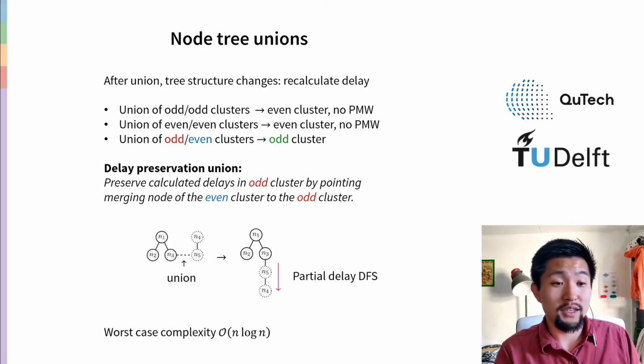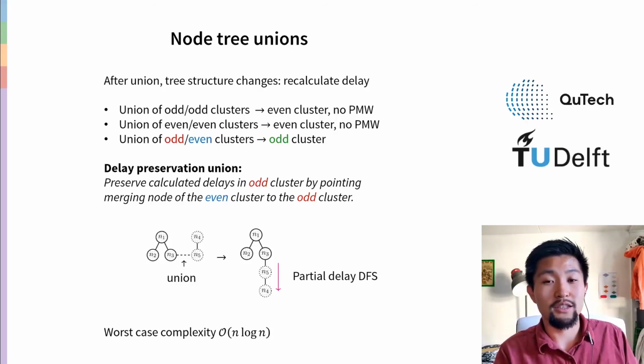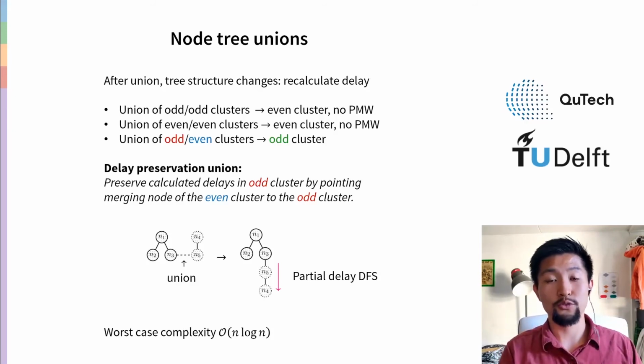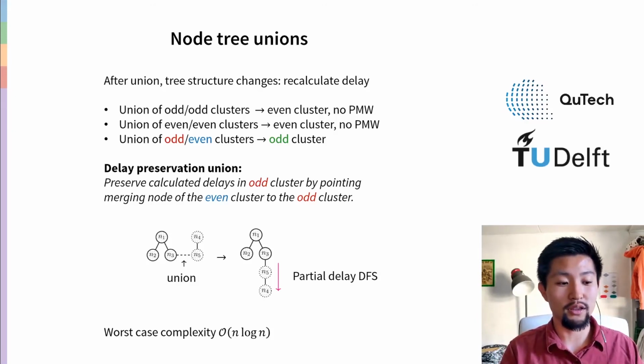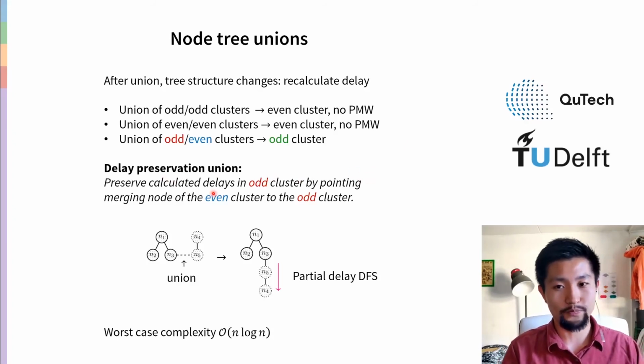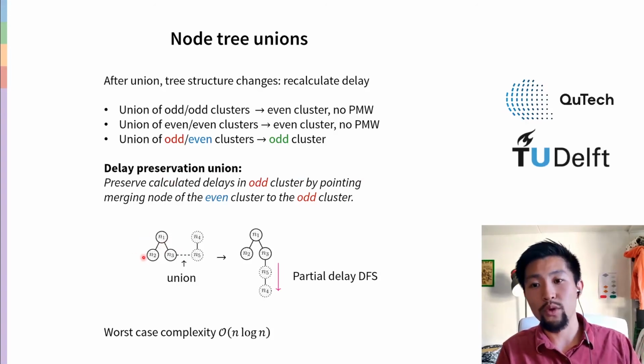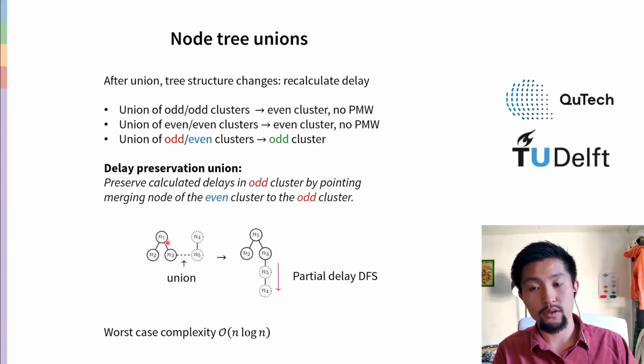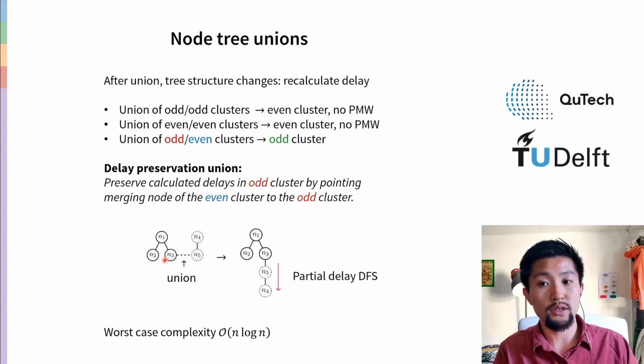Now, as I said before, the delays in an even cluster are undefined. So what we do to reduce the recalculation of delays is to preserve the calculated delays in the odd cluster in the merge by pointing the merging node of the even cluster to the odd cluster. So as an example, we have this merge of 2 node trees.